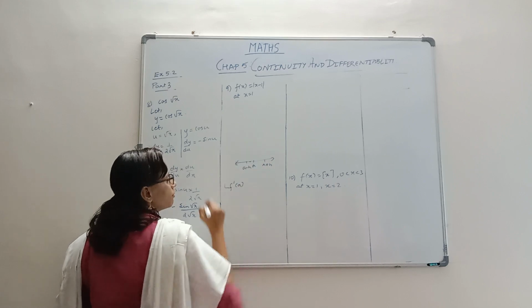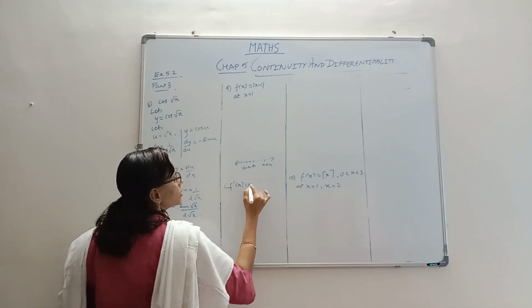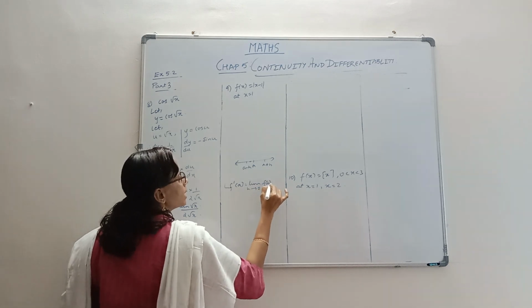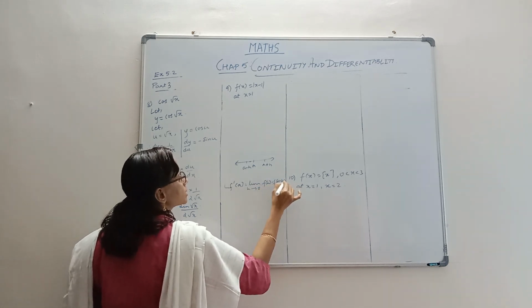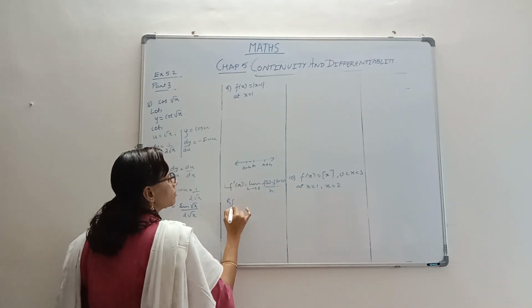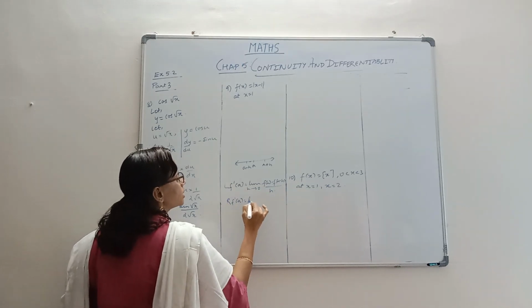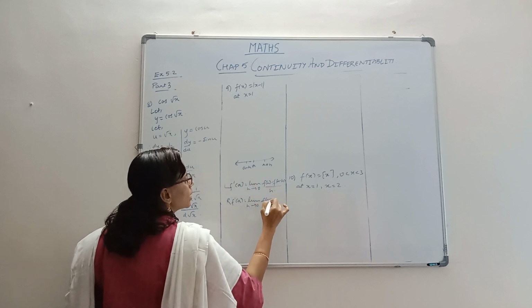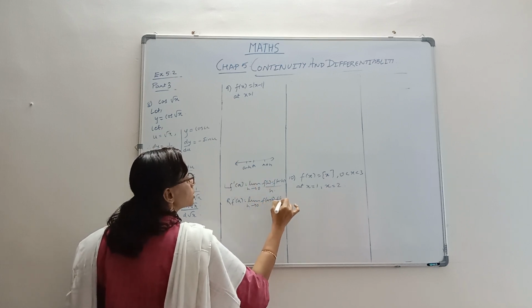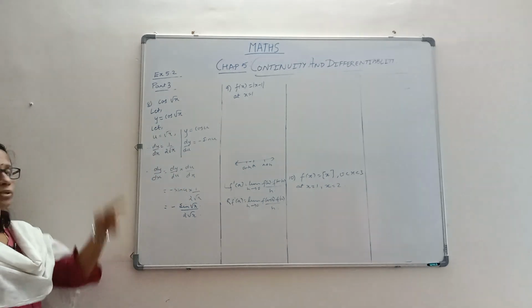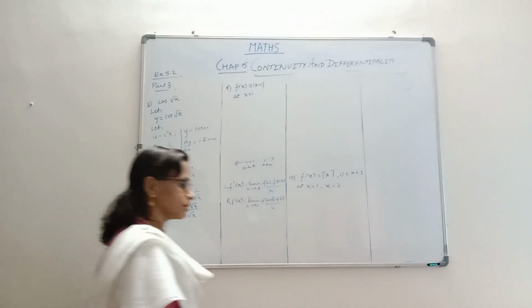Left derivative, by definition, is limit as h goes to 0 of f of a minus f of a minus h, divided by h. And right derivative is limit as h goes to 0 of f of a plus h, the bigger one comes first, f of a plus h minus f of a, divided by h. We are going to use this definition over here and that's how we are going to get the derivatives.